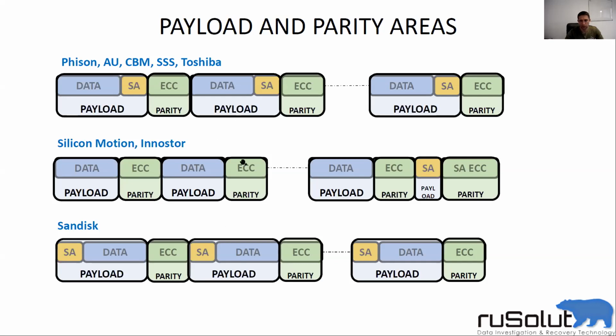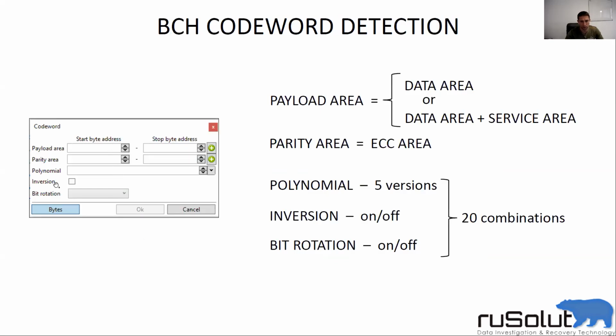So having this slide and knowing where is data area, service area, and ECC, you can very easily detect where is payload area and parity area. And as I said, there shouldn't be any questions about this part.